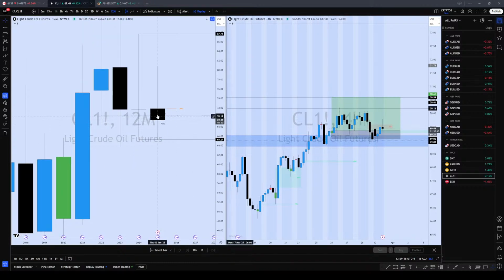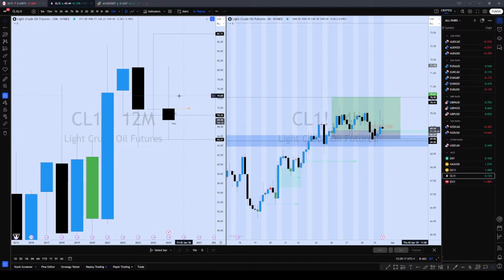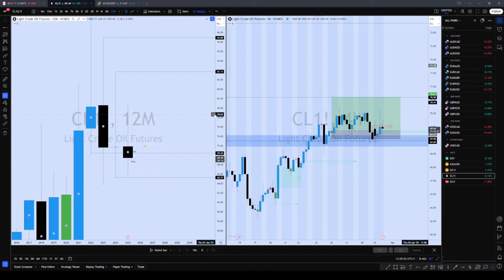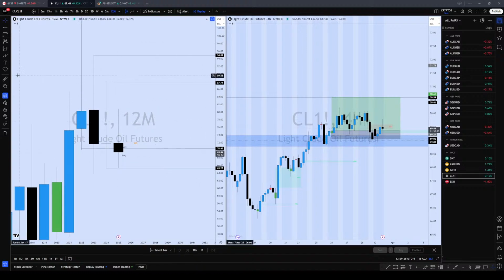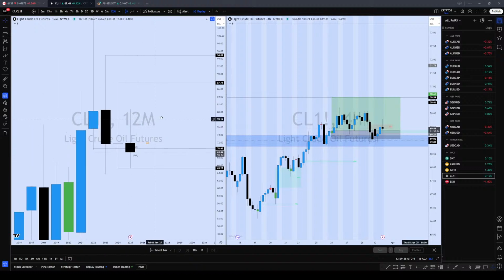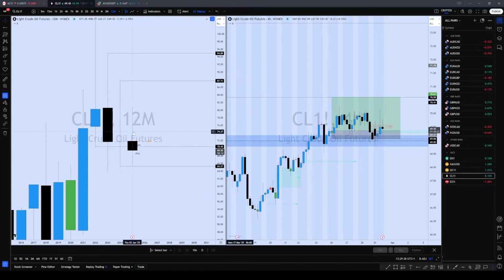Now with that rejection, based on the narrative that I'm giving, what is it likely going to do? The nature of fractals means that whatever happens on the lower time frame will happen on the high time frame. Hence, ignore the idea that this is a 12-month chart and see this as a daily time frame.